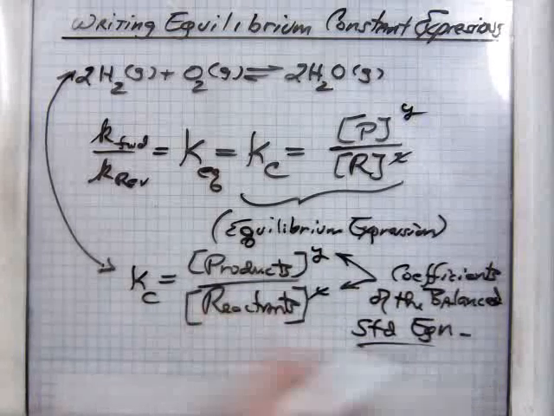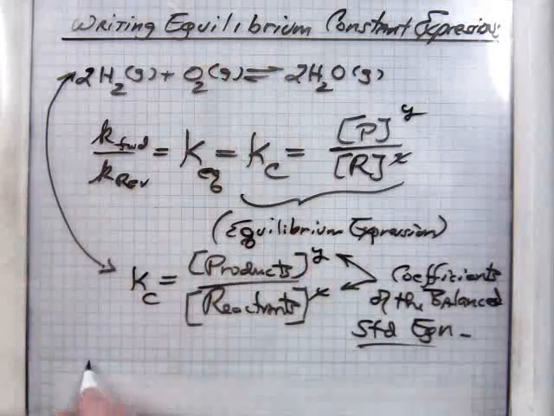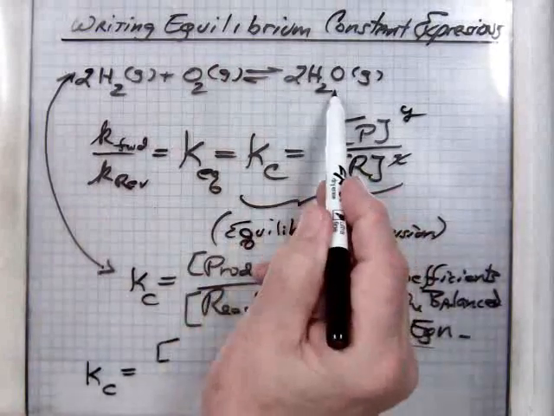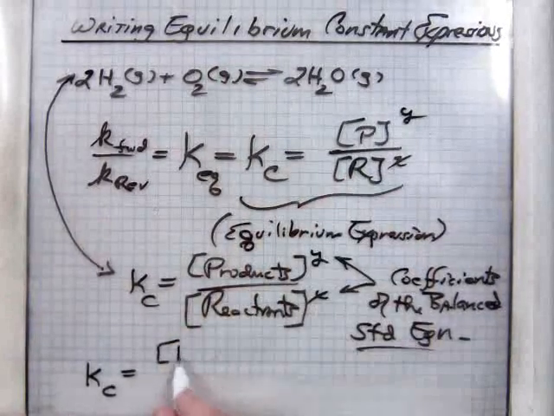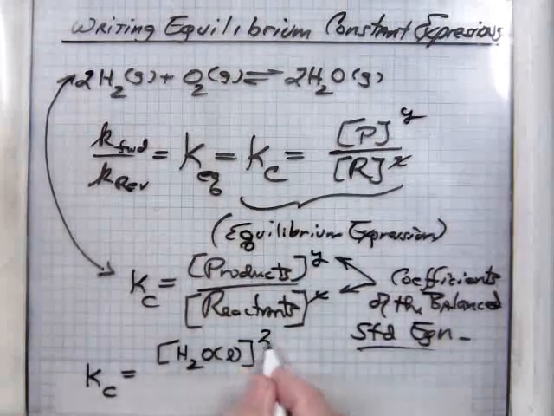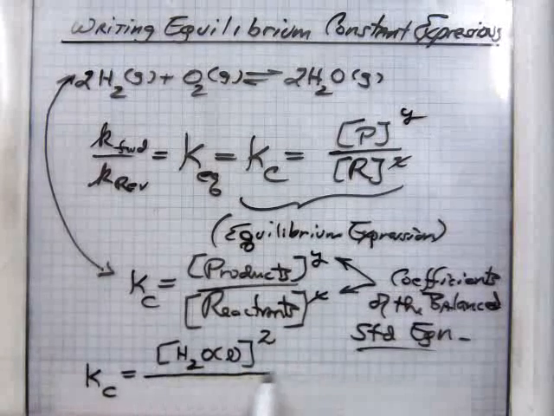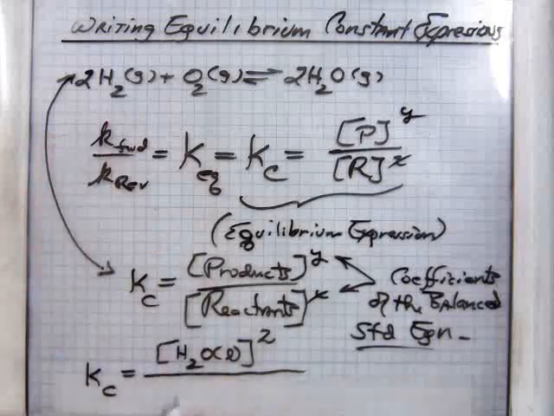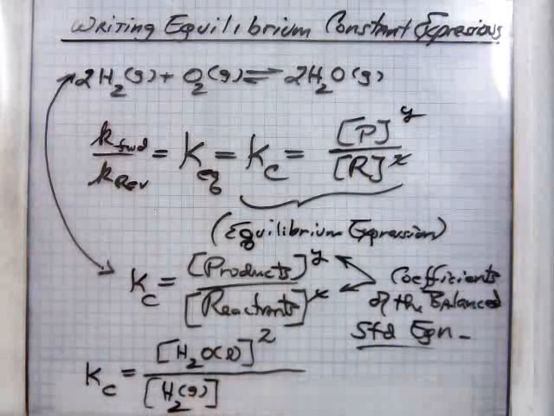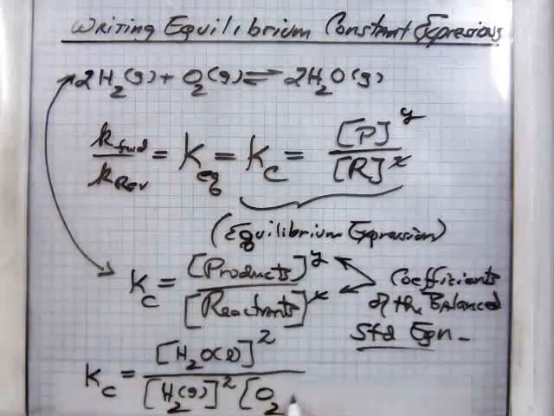So if I use this format to write the expression for this equation, I would write Kc equals the molar concentration of products is what I want to work with. And that was only one, H2O raised to the second power, because that's the coefficient, divided by the molar concentration of hydrogen raised to the second power times the molar concentration of oxygen raised to the first power.